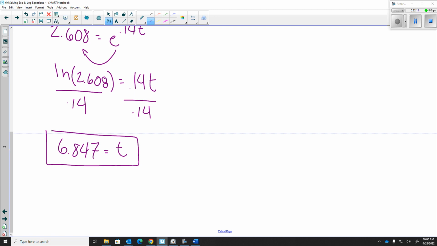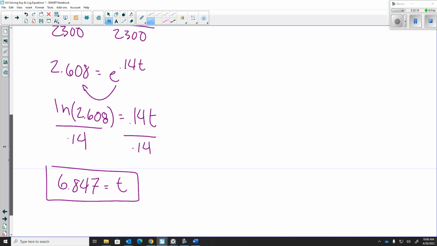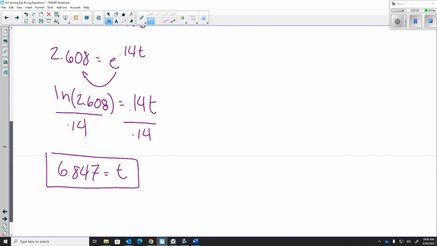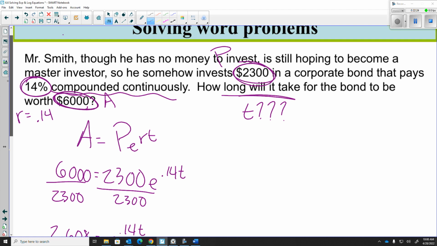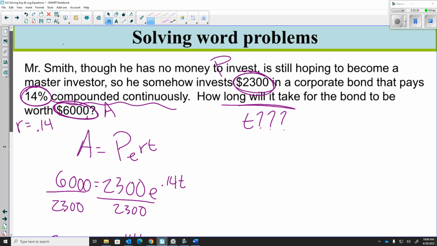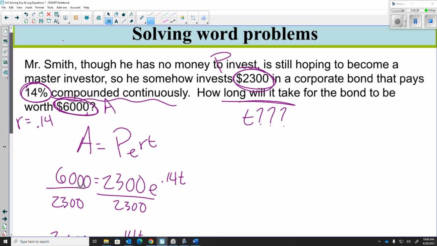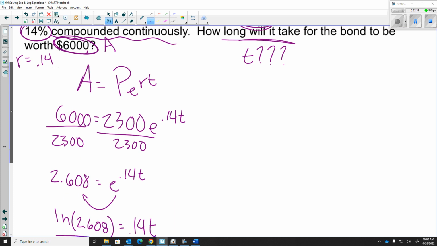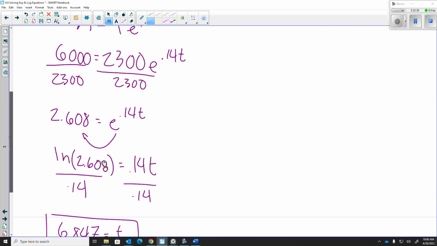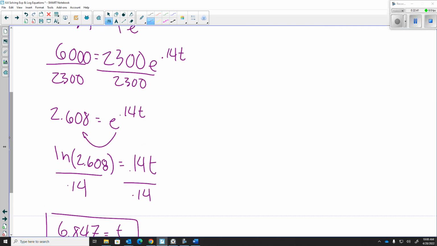And that's time. Years. I mean, it more than doubled. All right, so now you know how to solve these ones that we didn't know before, because now we know what a log is.